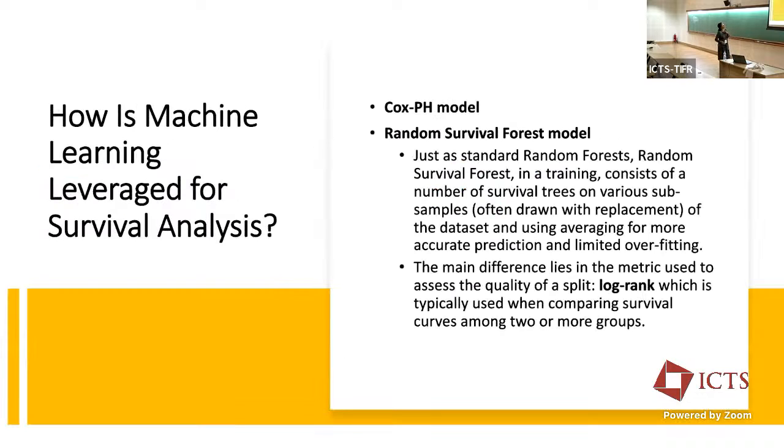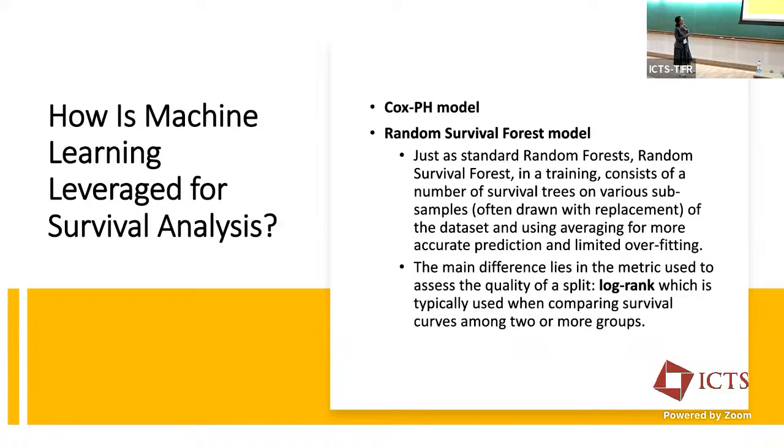Okay. So how is machine learning now leveraged for survival analysis? I gave you a very brief introduction to that. The Cox-PH model, I already explained how it works, and we have that model in different libraries. There are two libraries that we use in Python: scikit-survival (sksurv) and lifelines.